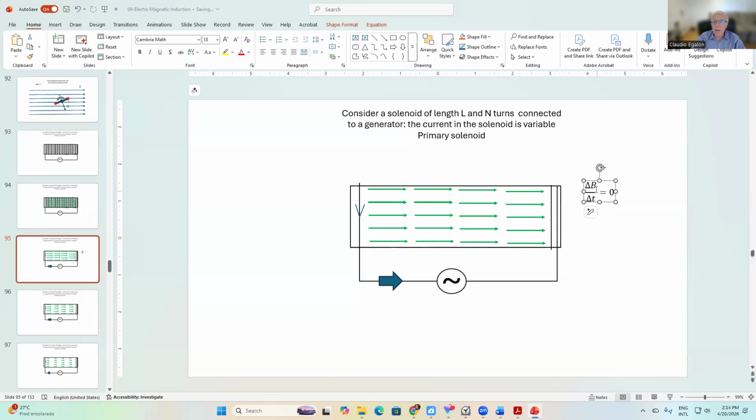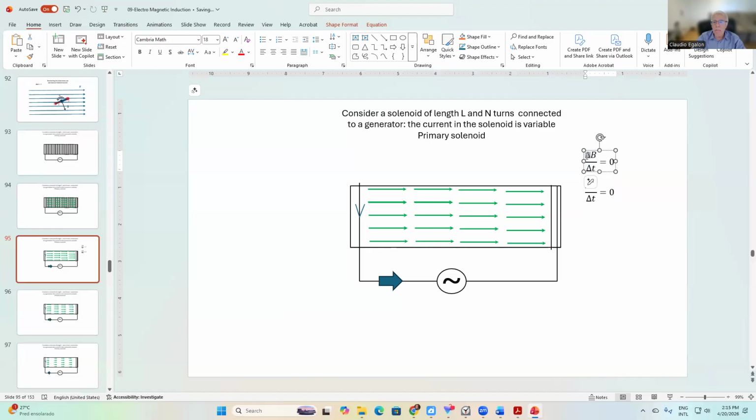Let's see here. I'm going to put something else here. At this instant of time, B is maximum. Max intensity. Okay, now I add the X here. Max.